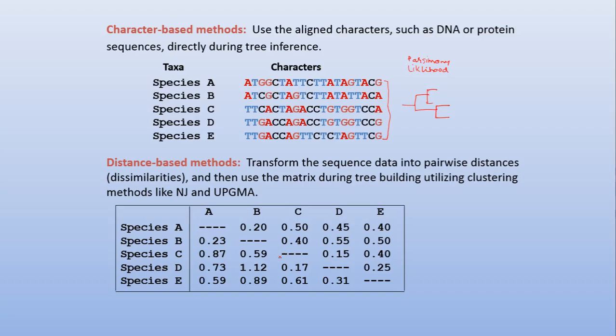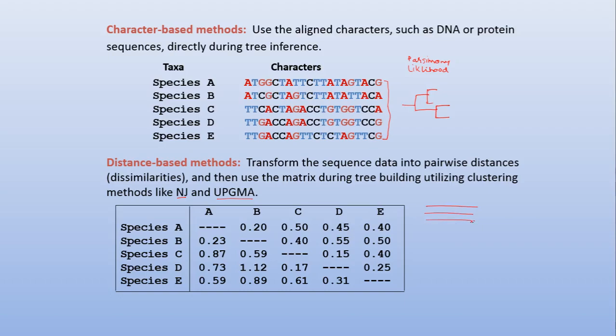Once we have this pairwise distance matrix that gives an account of how similar or dissimilar the sequences are, we use clustering methods like neighbor joining and UPGMA for tree reconstruction. So this is what is done.